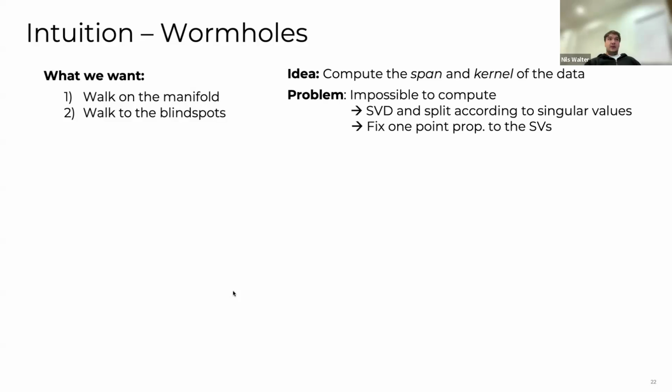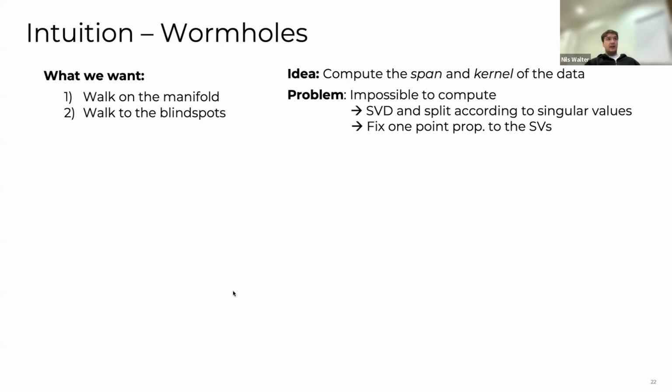So what we do is take a singular value decomposition of our data set and split it according to our singular values. To have this notion of a fixed point or a direction in our data where we can either go to these uncanny valleys or to these proper areas of our manifold, we fix one point and then interpolate every image to either the span or the kernel, and then plot the sharpness on this path.